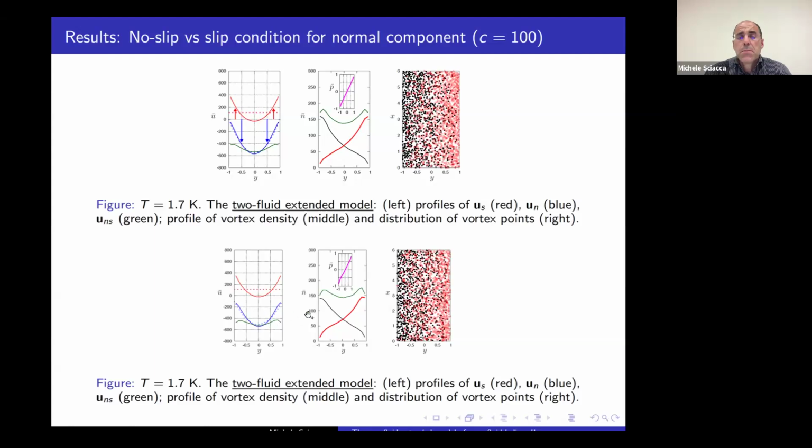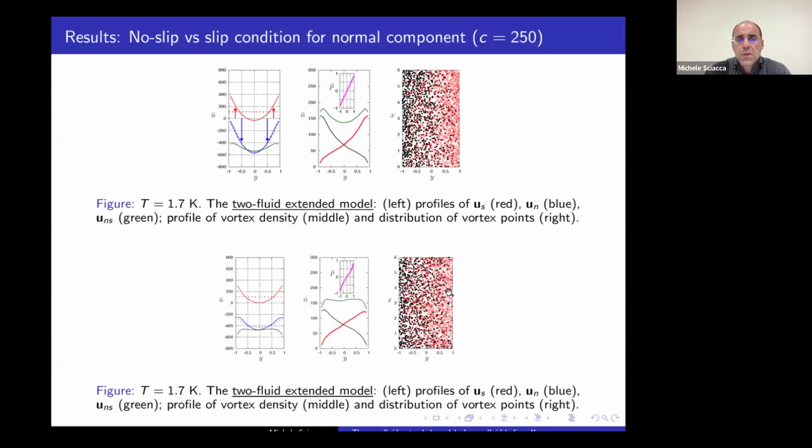We have allowed the slip condition for the normal component. As you see here, there is a slip condition for the normal component. This is a small value of the slip condition, and another experiment which I show you in the next slide is a higher value for the slip condition.